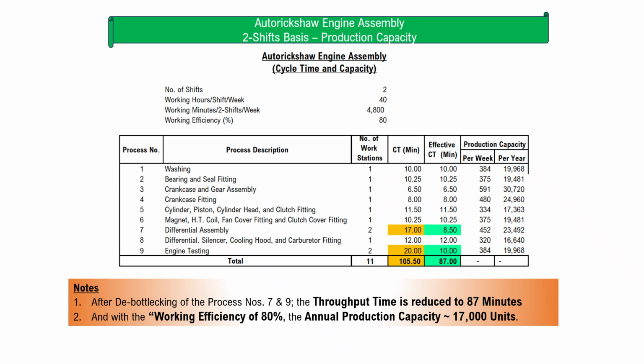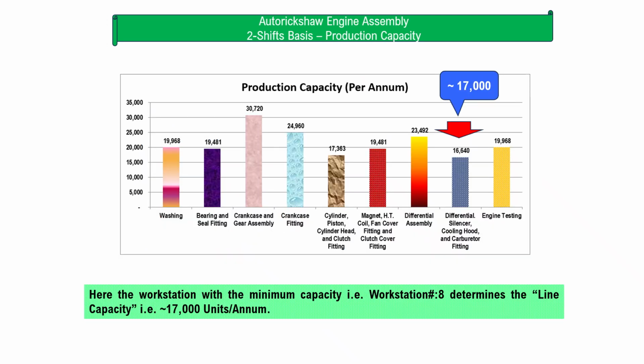It is based on process number 8, which has the minimum capacity, and it shall define the line capacity of the whole system. The same is shown here in a graph, with the processes listed on the horizontal scale and volumes on the bar charts. As I mentioned before, process number 8 is the bottleneck process, and it shall define the line capacity, which is 17,000 units per annum.